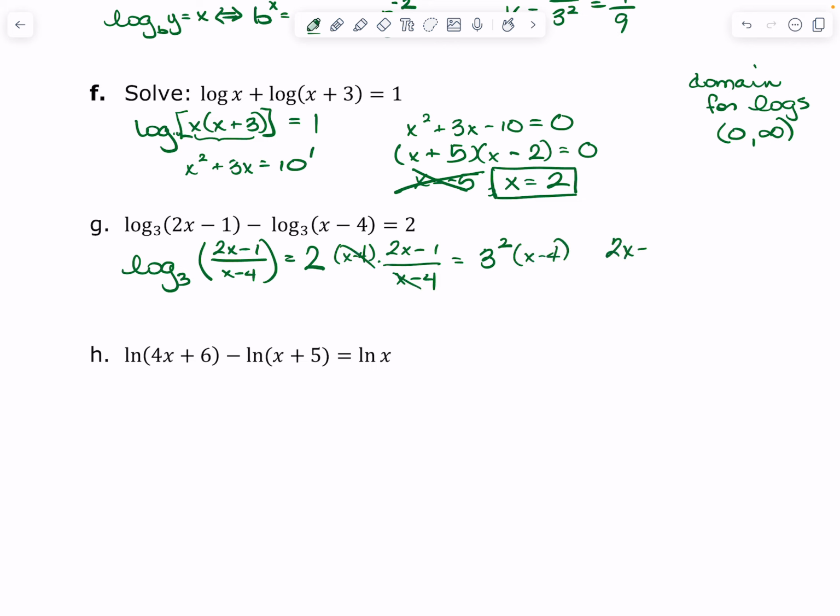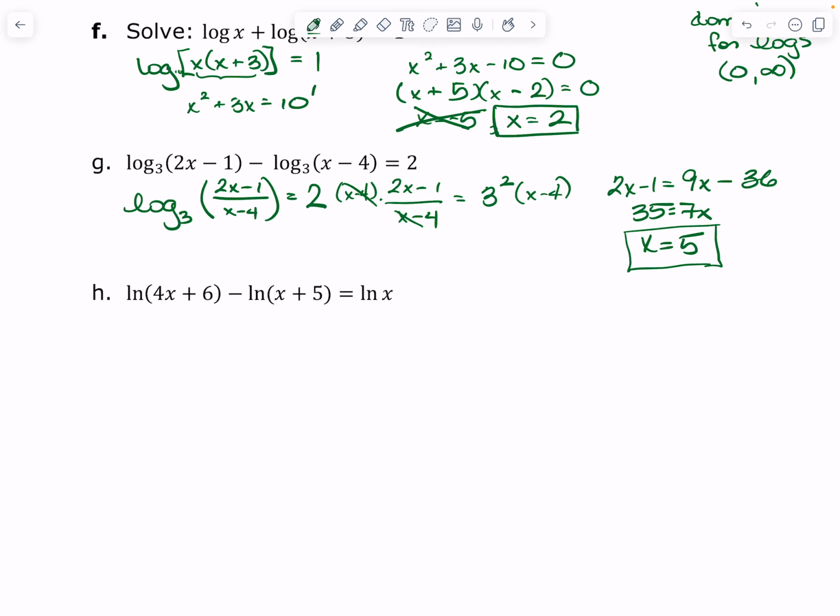I get 2x minus 1 is 9 times x minus 9 times 4. Subtract 2x from both sides. Add 36. I get x equals +5. I double check in there. 2x minus 1. 10 minus 1 is 9. I can take log base 3 of 9. That's fine. And then x minus 4, 5 minus 4 is 1. That's also positive. That works.